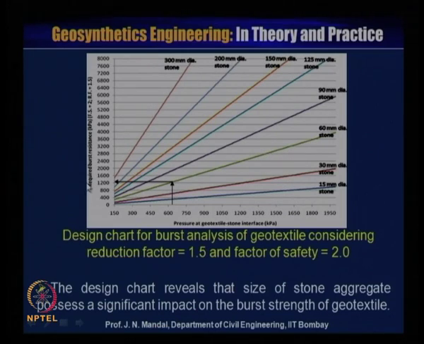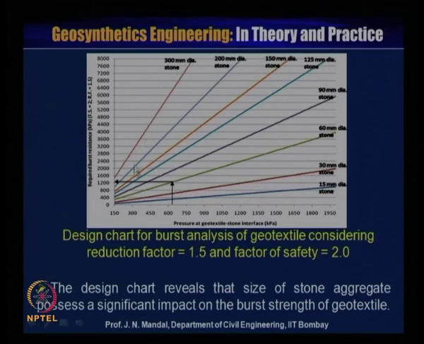This chart shows the required burst resistance, and the x axis shows the pressure at the geotextile stone interface, and these are the different diameters of the stone. So, this may be 15 millimeter, 30 millimeter, 60, 90 millimeter, 125, 200, 300 millimeter, like this.